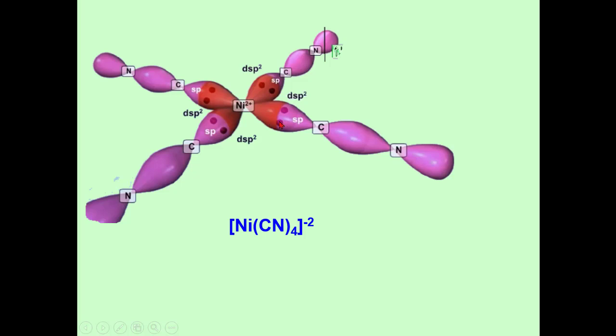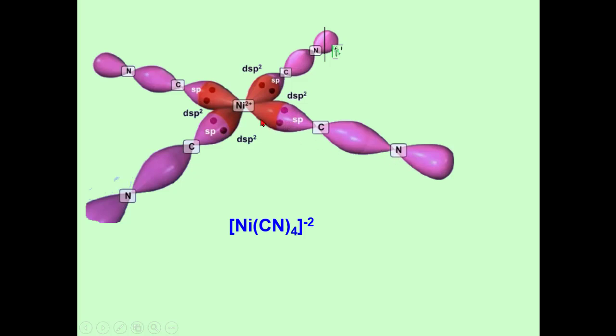These are the 4 cyanide molecules which overlap their bond with the dsp2, and similarly carbon also has sp hybridization, and this cyanide has an electron pair. So each cyanide gives an electron pair to the dsp2 hybrid orbital.